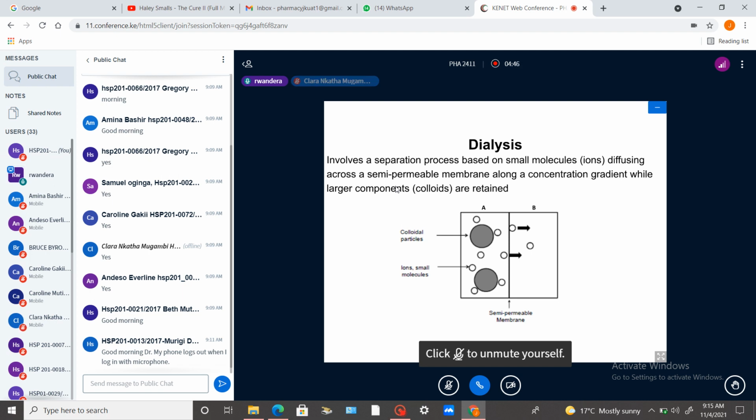So when you have a mixture of a colloidal dispersion and small ions, the small ions will go through the membrane, depending on the concentration gradients, while the colloidal or large components will be retained. So this is just an illustration. You have your large colloidal particles mixed up with small molecules or ions. The small molecules easily go across the membrane. And that's what we call dialysis.